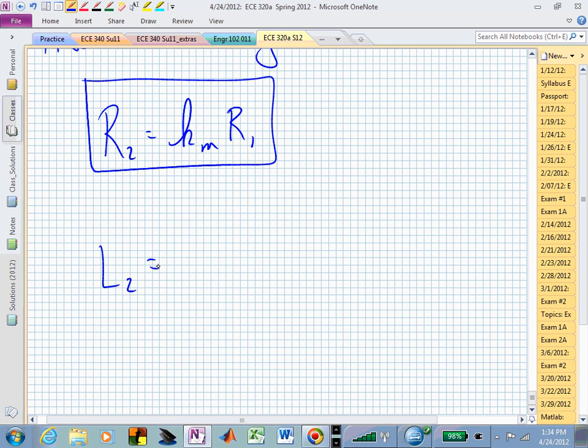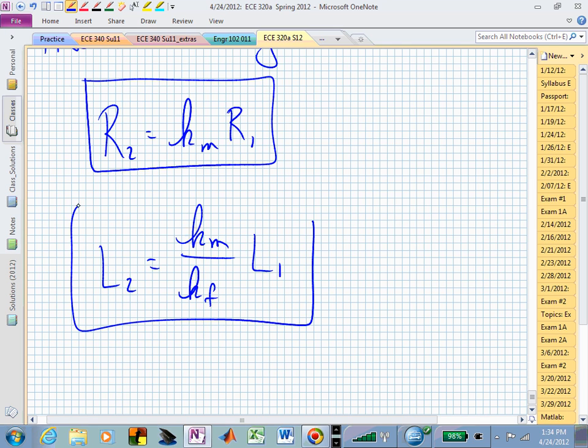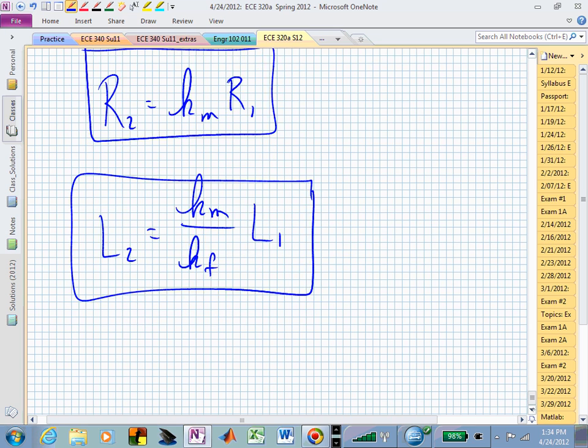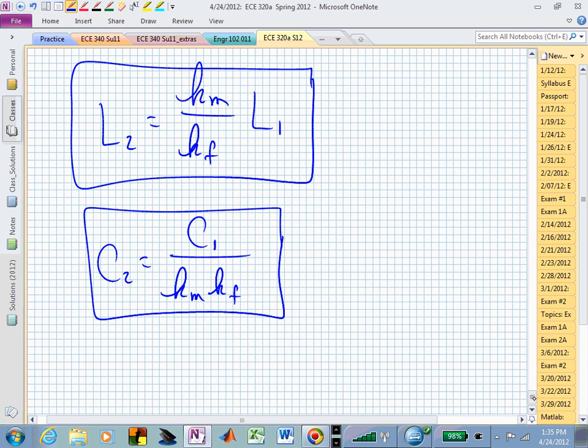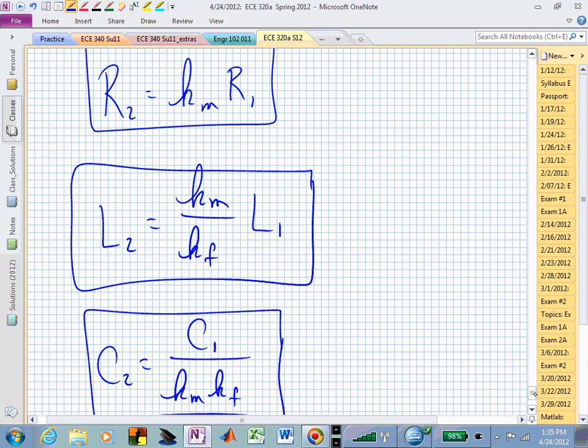L2 is K sub M over K sub F, L1, and C sub 2 is C1 over K sub M, K sub F. And those now are the scalings that we have if we want to magnitude and frequency scale all in one step.